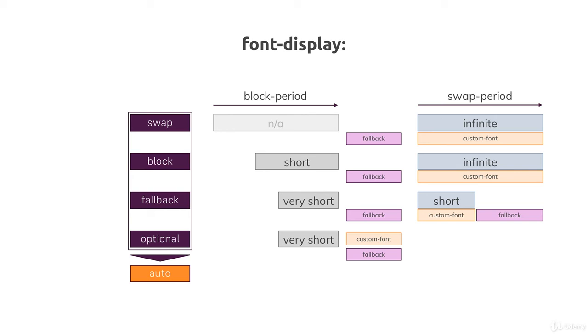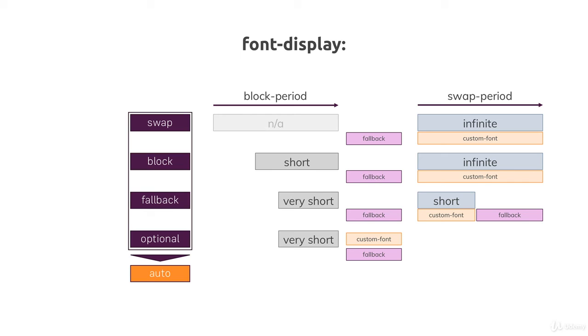If the browser decides that our connection is good, it might decide to immediately load the custom font. If we have a worse connection which is not fast enough, the browser might decide to use the fallback and therefore not load our custom font. This decision cannot be reversed, of course. If we reload the page, it can, but as soon as we stay on the website as a user, we will only see the fallback, for example, if the internet connection is not good enough.